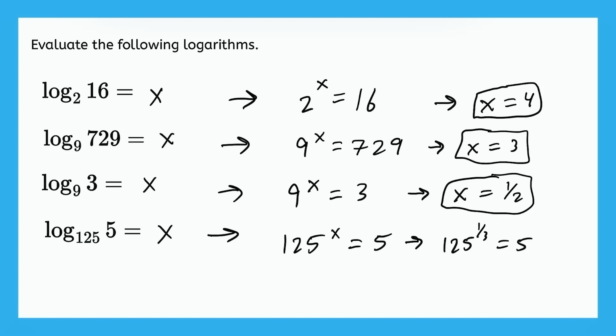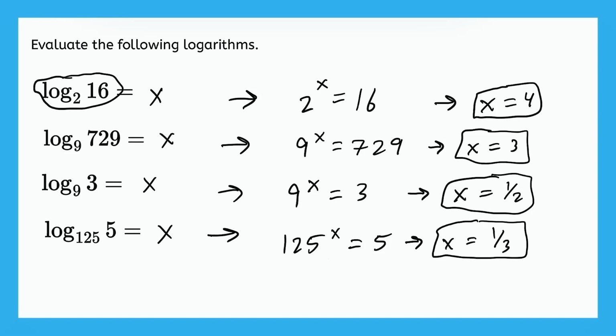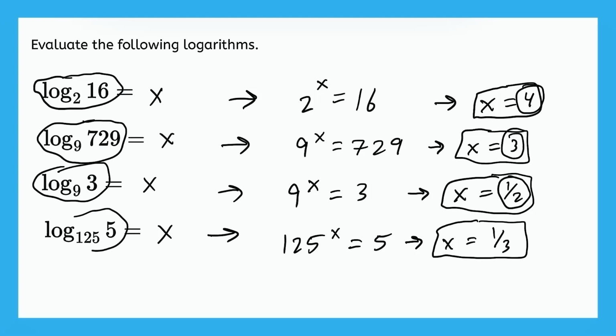So what is our x? We now can see that x is 1/3. So log base 2 of 16 is equal to 4. Log base 9 of 729 is equal to 3. Log base 9 of 3 equals 1/2. And log base 125 of 5, we now can see, is equal to 1/3.